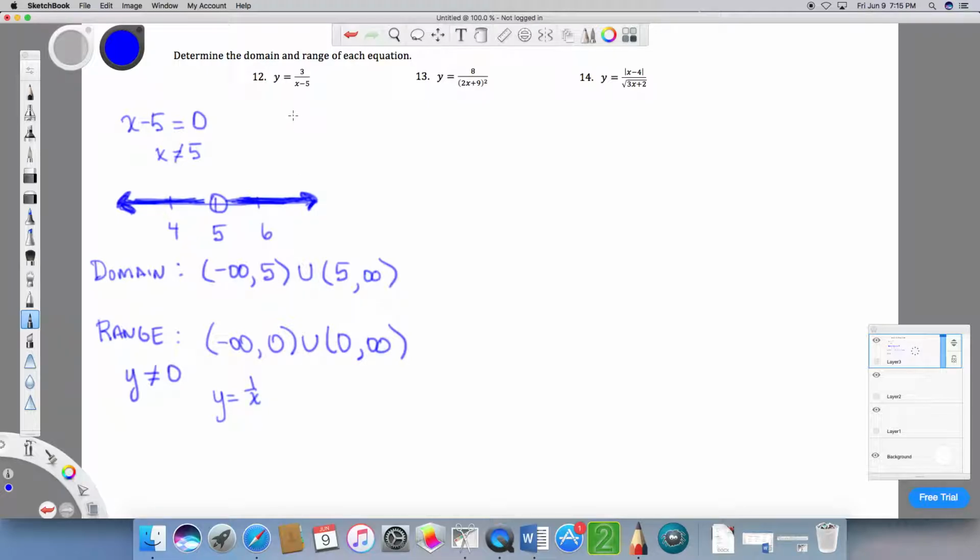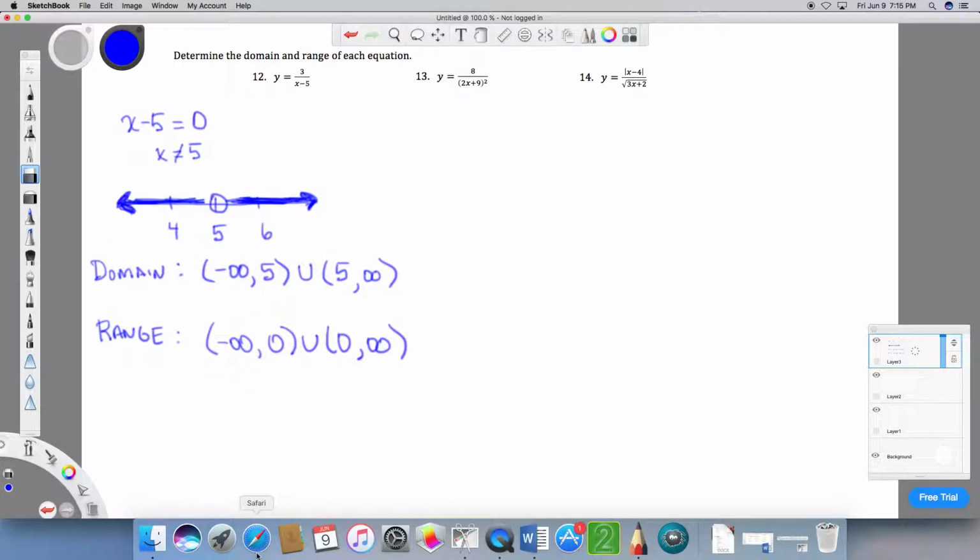I know that 3 is a vertical stretch. I know that the minus 5 is a shift to the right. So there's things that I know that you will know in future skill packets that helps me also to determine this range. Pretty much what you have to go by is to look at the graph.